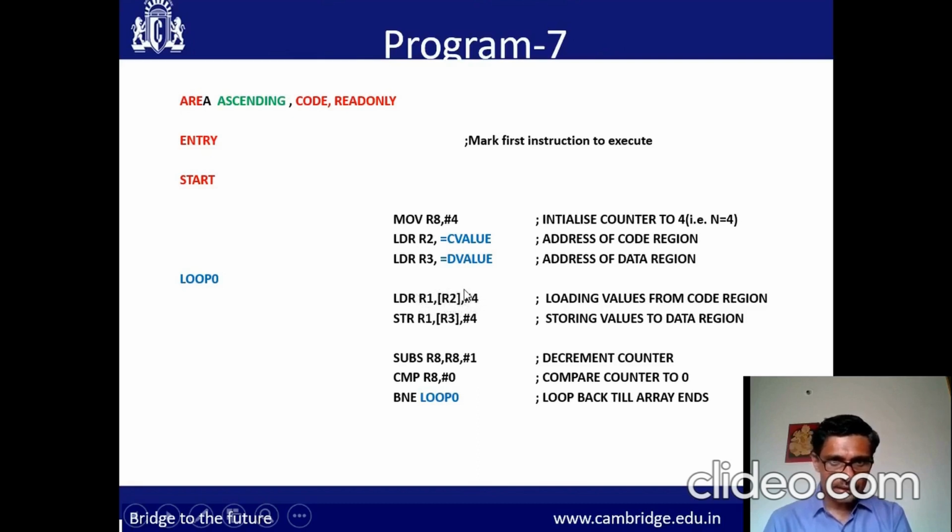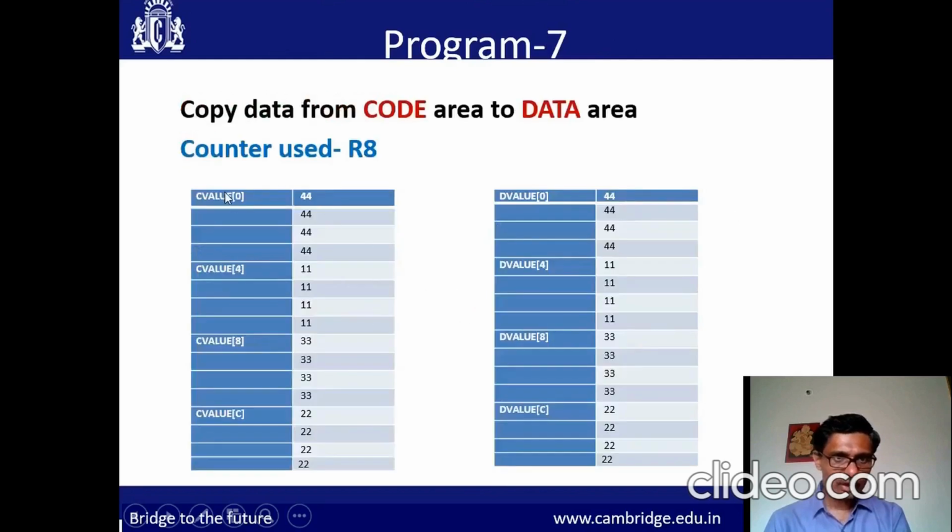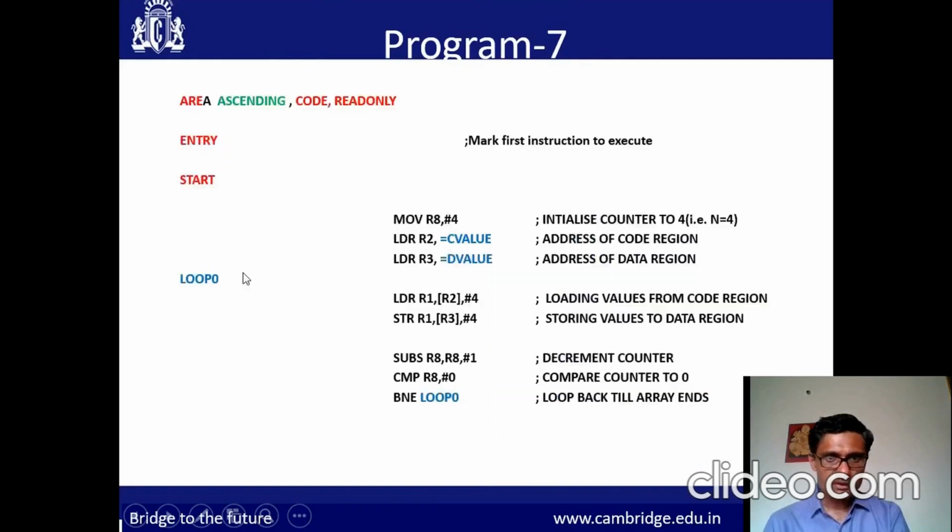First copy the content of this memory location to R1, then increment the pointer by 4. Why should it be 4? Because after copying this, it should come to this next one. So first copy this entire 32-bit data, then the pointer should be incremented to the next one by 4. That is why it is done here.